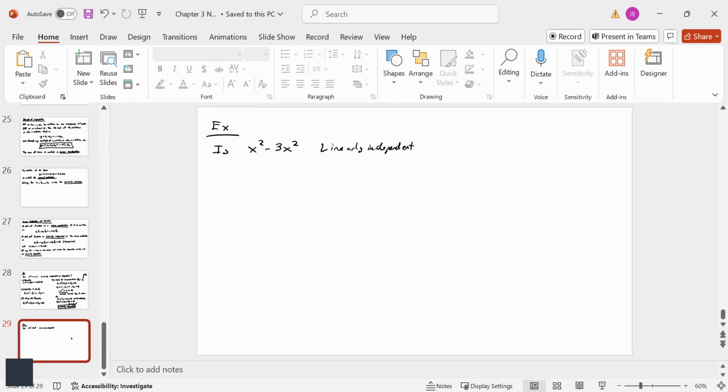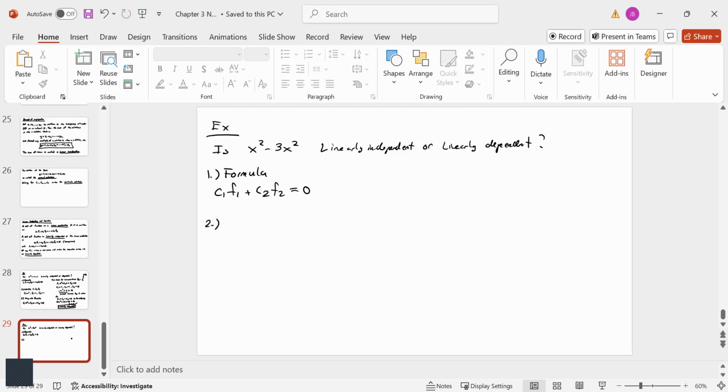Wouldn't matter, but I don't want the 1 because it's just not necessary. So, formula. Again, you just count how many terms you have, and that's all you have to write down. C1 F1 plus C2 F2 equals 0. You only need 2. That's how you can kind of memorize it.